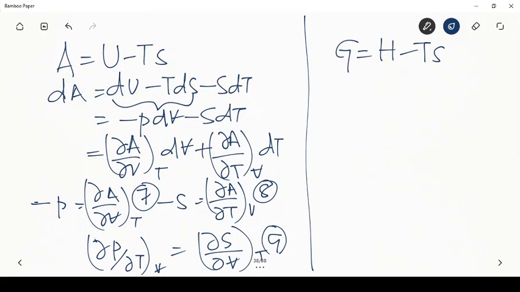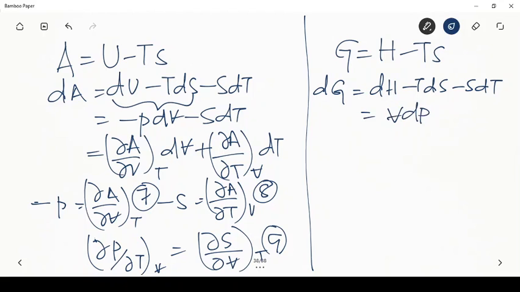The same thing we can replicate on this side. So dG would be equal to dU or dH minus T dS minus S dT. In this case T dS is dH plus V dP, so dH minus T dS will be V dP, plus or minus S dT.